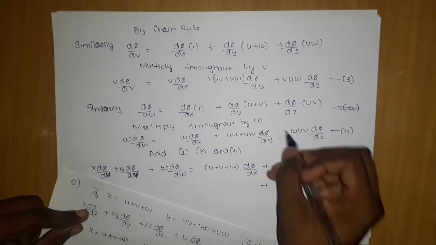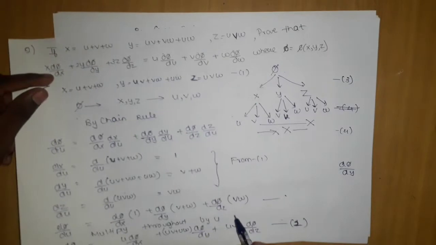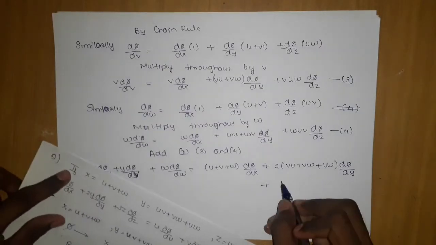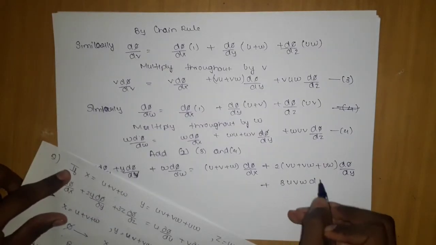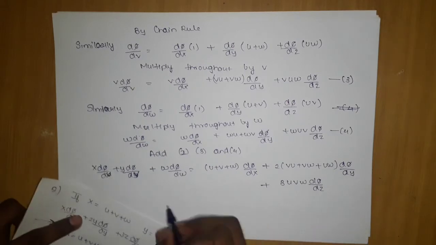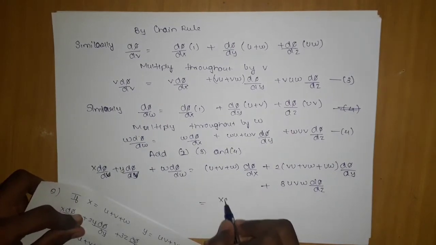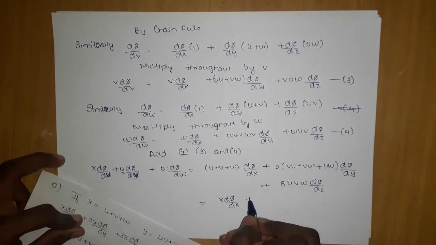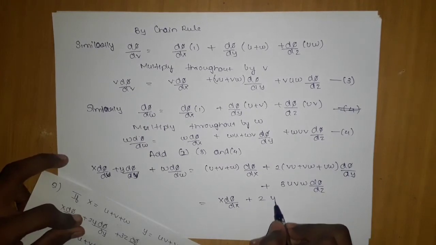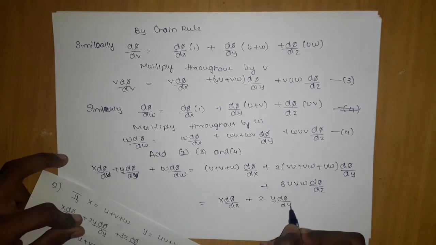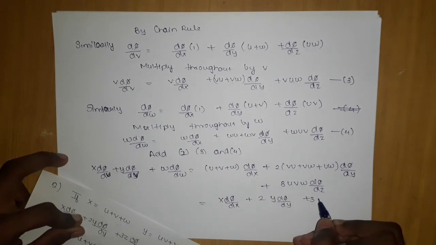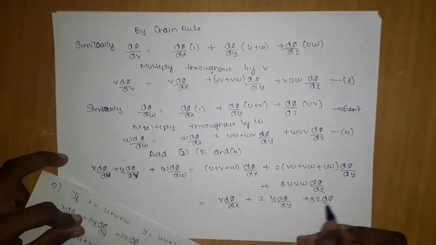Lastly here once, twice and third time it is repeated uv, so 3 times uvw, which is nothing but ∂φ/∂z. So what we can write? It is nothing but x ∂φ/∂x. This is nothing but twice y ∂φ/∂y. This is nothing but thrice z ∂φ/∂z.